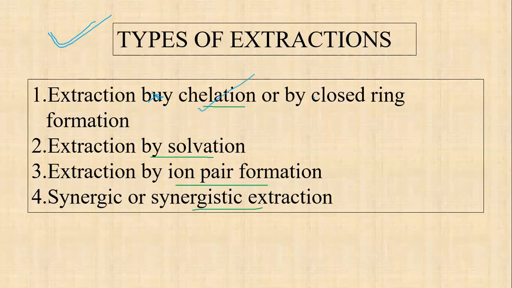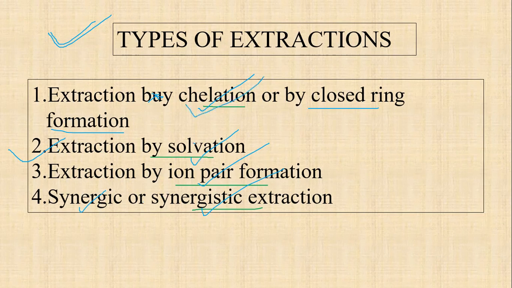Extraction by chelation or closed ring formation, then extraction by solvation method, extraction by ion pair formation, and extraction by synergistic method, or synergic method, you can say. Four types of extraction: one is by chelation or ring formation, second by solvation, third by ion pair formation, and fourth by synergistic or synergic extraction.